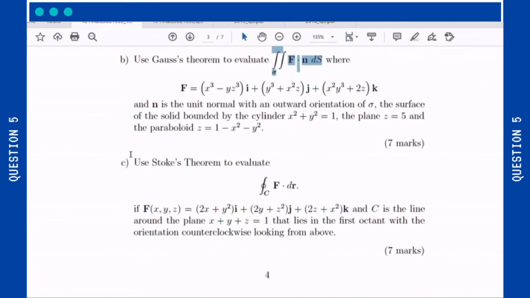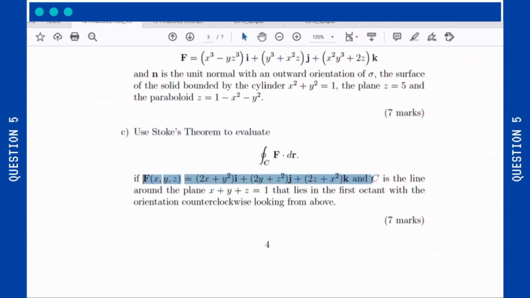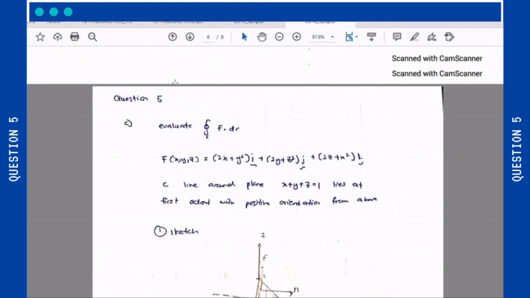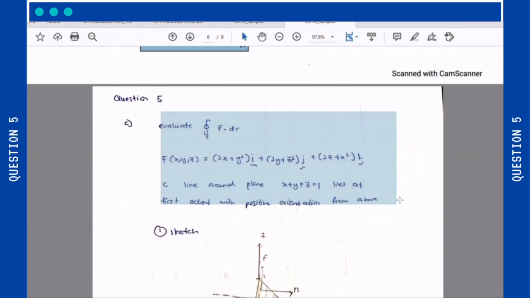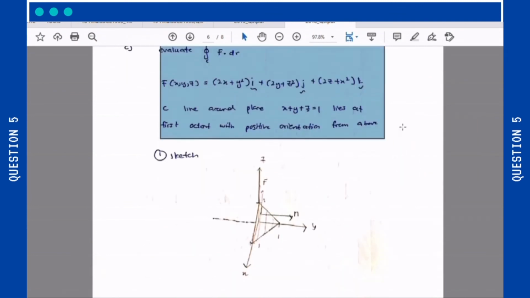Let's go to answer question C, which is to use Stokes' theorem to evaluate this vector function, where C is the line of the plane x plus y plus z equal to 1, lies in the first octant with the orientation counterclockwise looking from above. We list all the values and the hints given from the question.